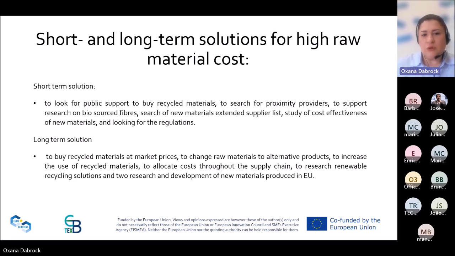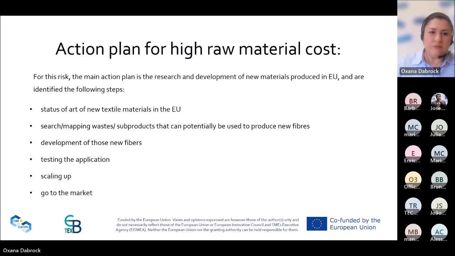And as long-term solution or mitigation for this risk from the value chain is to buy recycled materials at the market prices, to change raw material to alternative products, to increase the use of recycled materials, and to allocate costs through the supply chain, to research renewable recycling solution, and to research and development of a new material again produced in the EU.